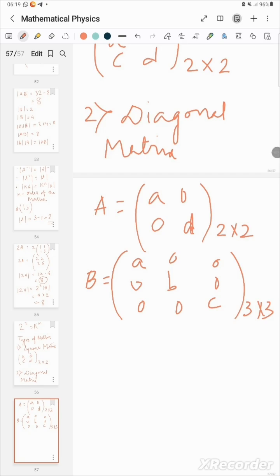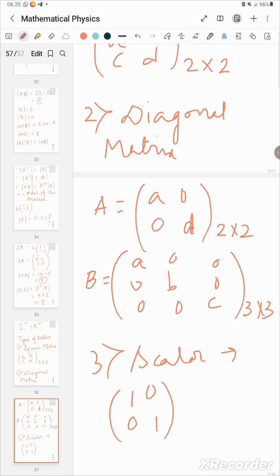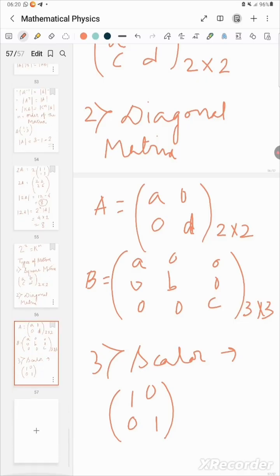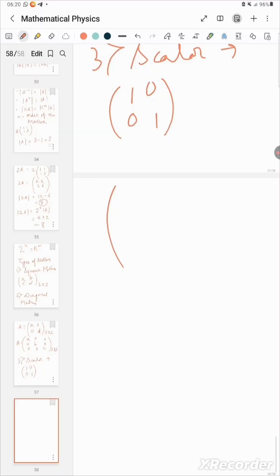Now the next variety of matrix being scalar matrix. What is a scalar matrix? If all the diagonal elements of a matrix are equal, then it is a scalar matrix. For example, for a 2 cross 2, if all the elements of the diagonal are 1, 1, or if all the diagonal elements of a matrix are 2, 2, they need to be equal.